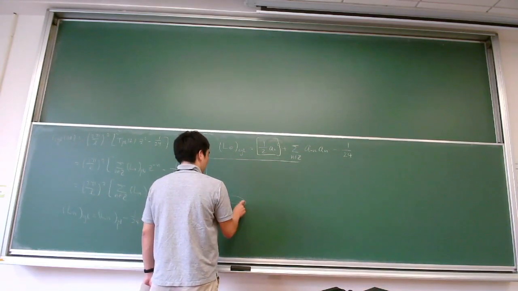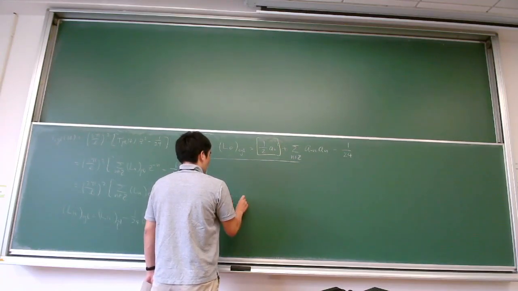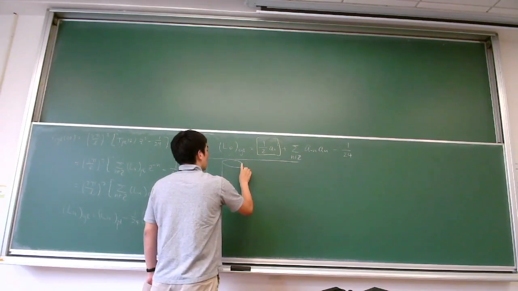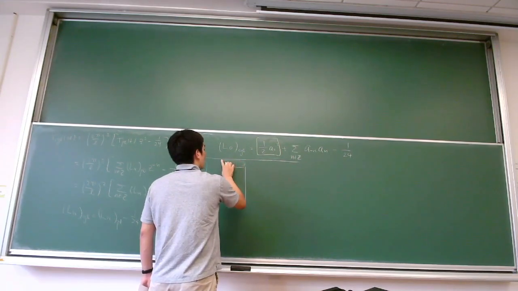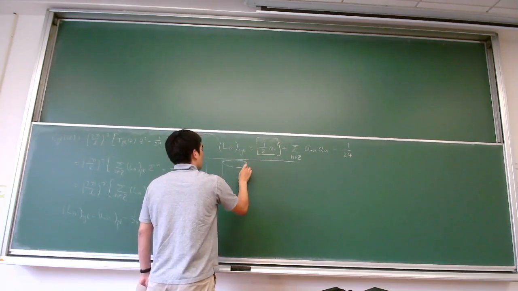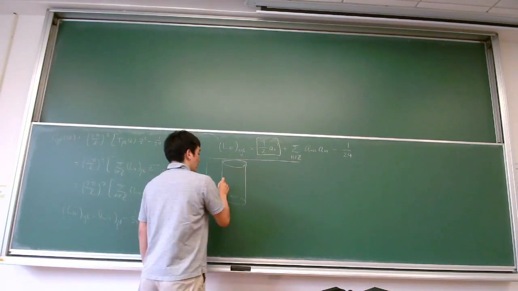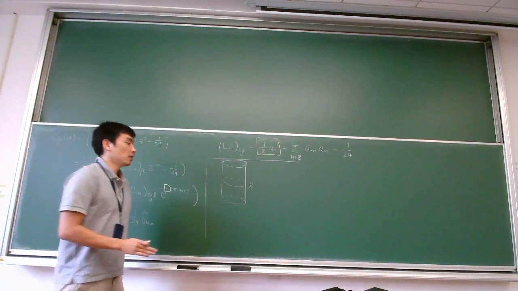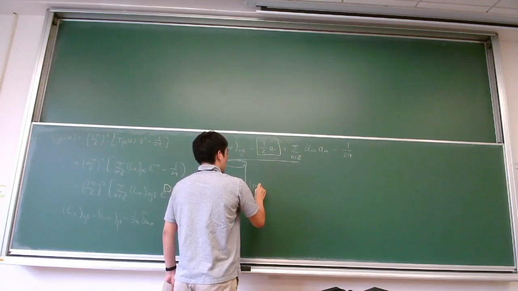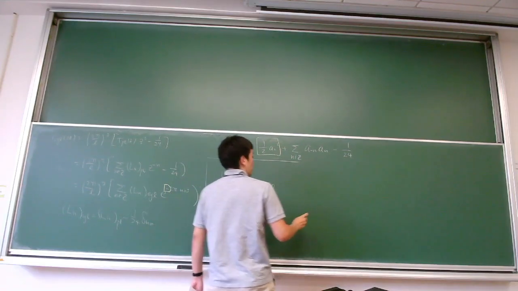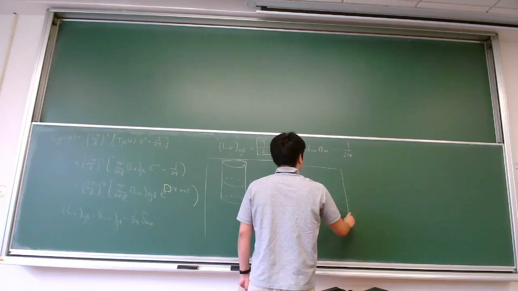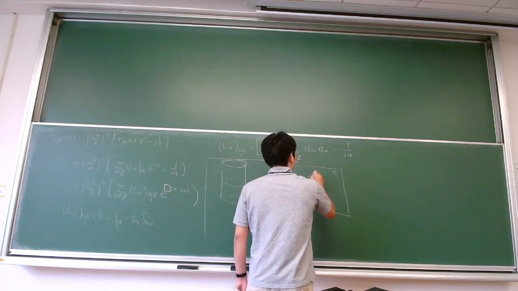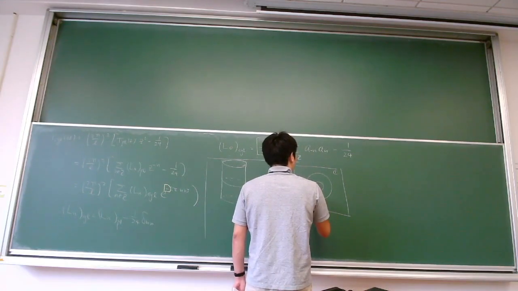So the cylinder has the spatial direction of length L, whereas for the complex plane, you don't have a definite length.